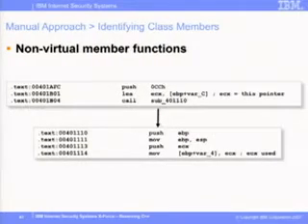So how do we identify non-virtual member functions? We can identify these by looking for function calls where right before it, ECX is loaded with the this pointer. But it's not 100% sure.